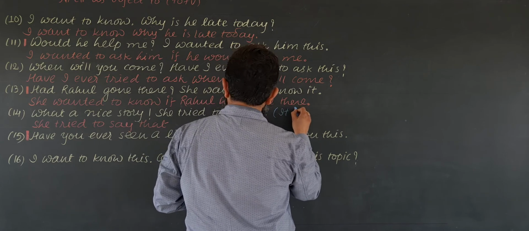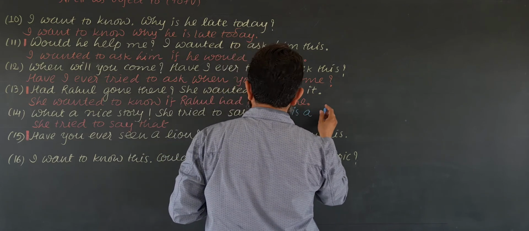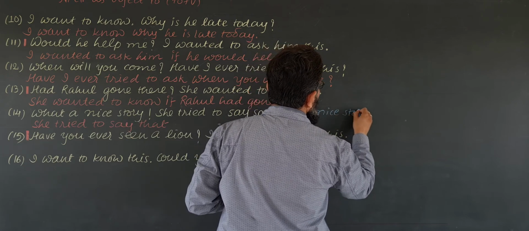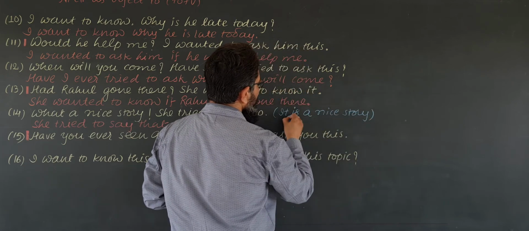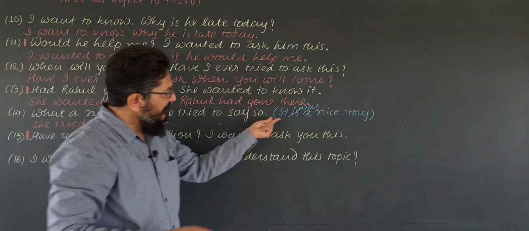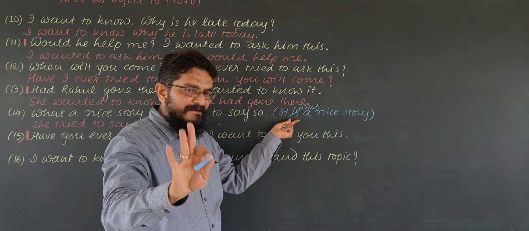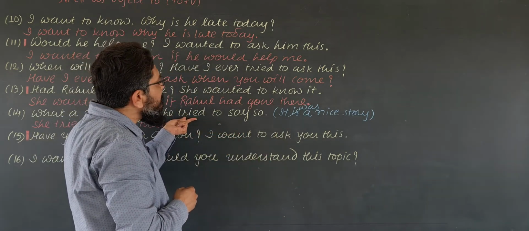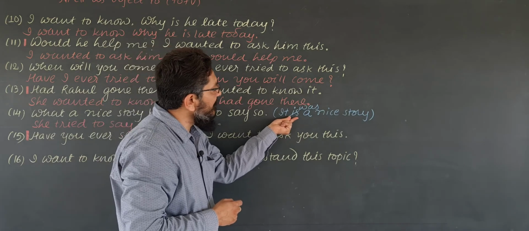It is a nice story, or it was a nice story, right? Because the past tense is here, she tried. It is or it was, it depends on the adjoining sentence. If it were written she tries, what would I do? It is a nice story.